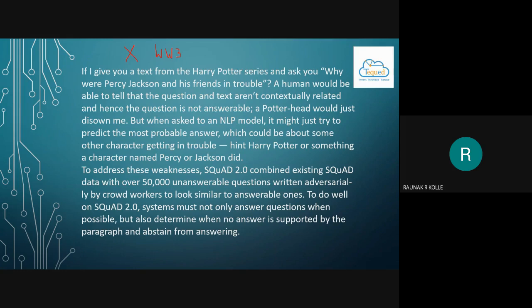Through this model of prediction, the model might predict that World War Three took place in the 1960s. But this should not happen, and it should consider this as an unanswerable question.